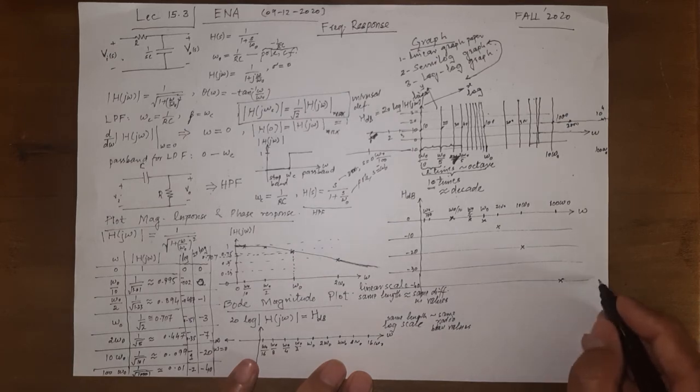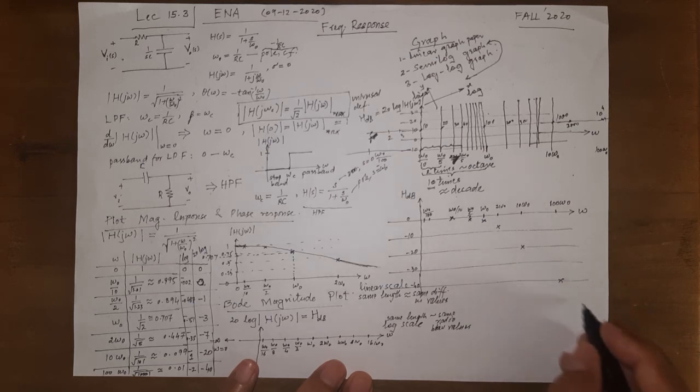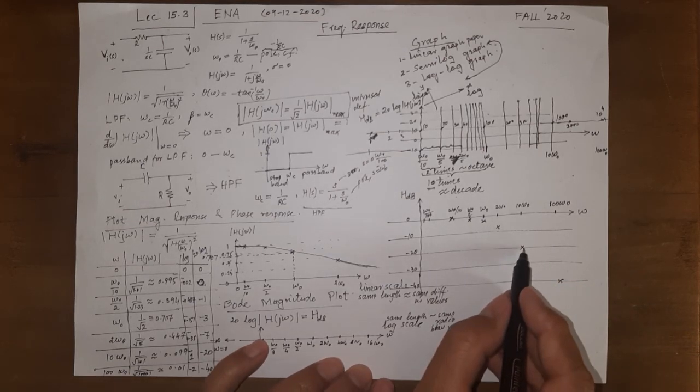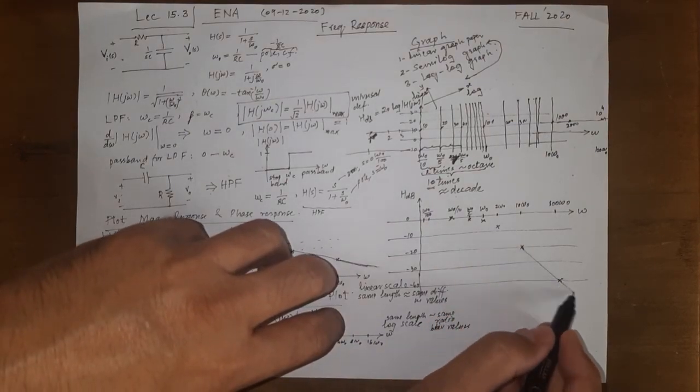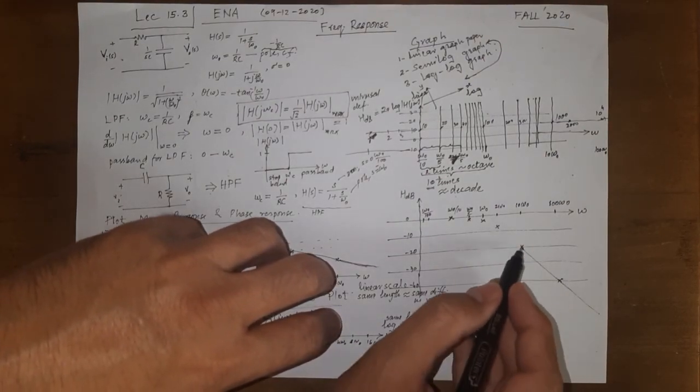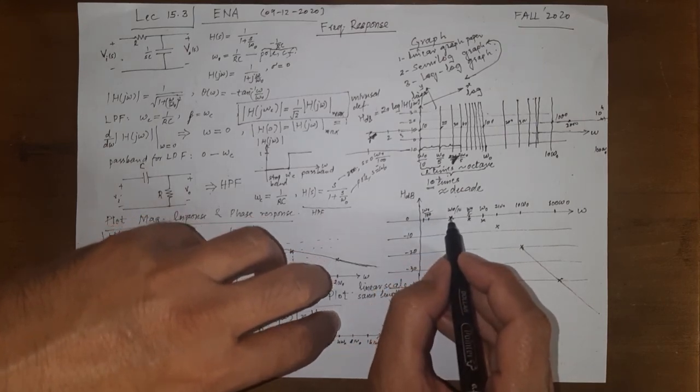And then same distance here at -60. So this is quite linear in this part. In this part, it becomes sort of a straight line going with the same slope. And it is 0 here.